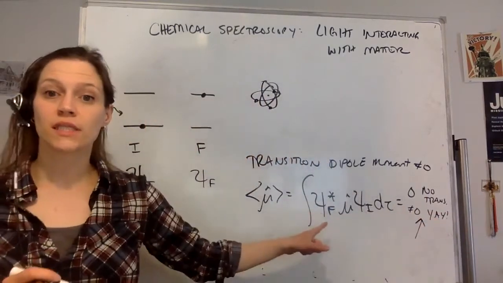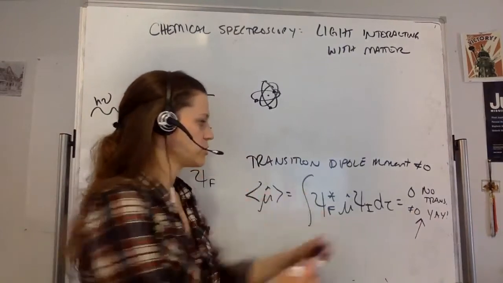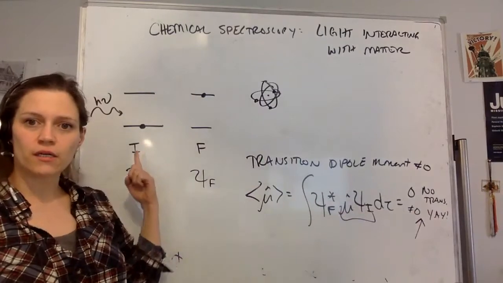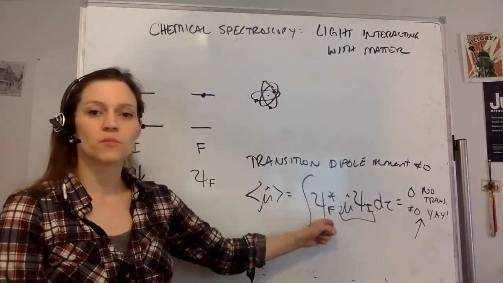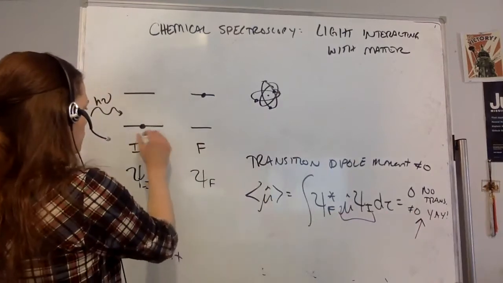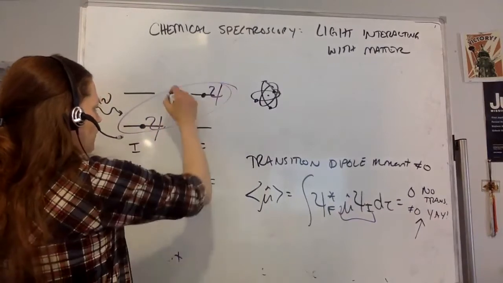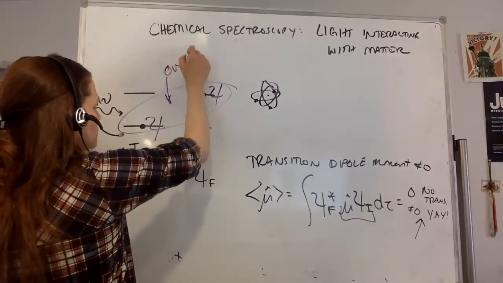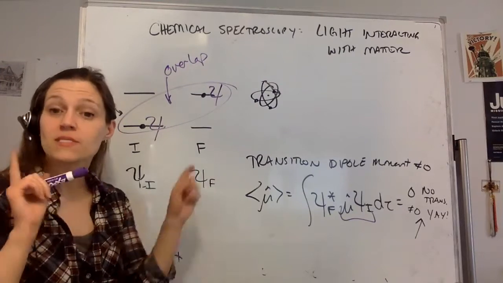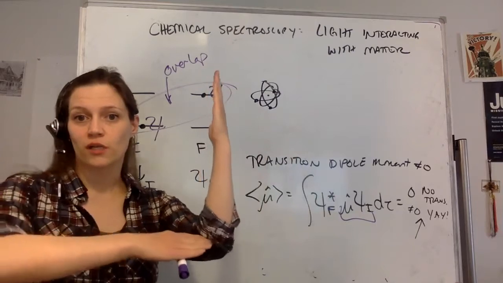So when this doesn't equal 0, when the transition dipole moment operating on the initial wave function state is multiplied by the final wave function state, basically what you're saying is that there's a wave function here and a wave function here, and there's some sort of overlap between the two. Go team, because think about what this means if it is 0. It means they're orthogonal to one another.